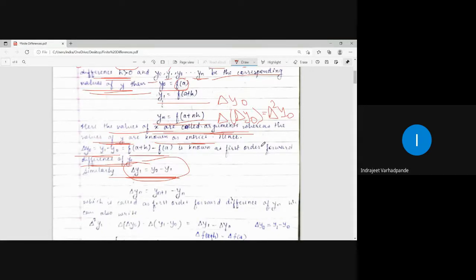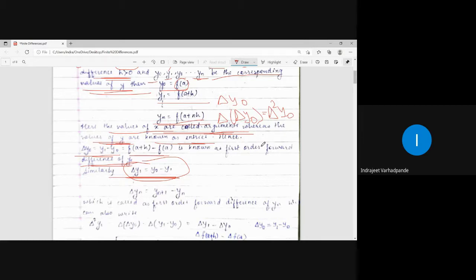Delta square of y naught will be called the second order forward difference of y naught. Delta square of y1 will be called the second order forward difference of y1. In general, I can calculate the third order forward difference of y naught, the fourth order forward difference of y naught.